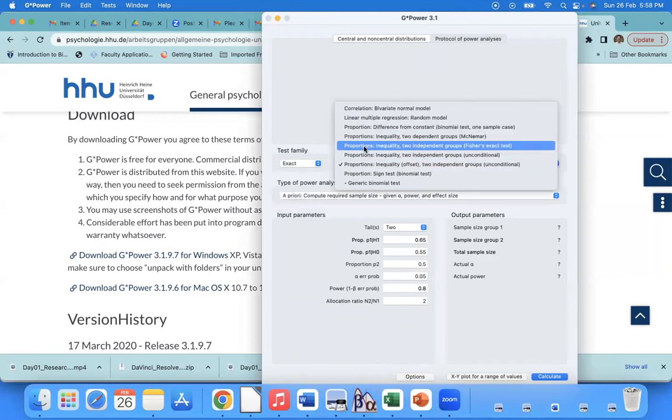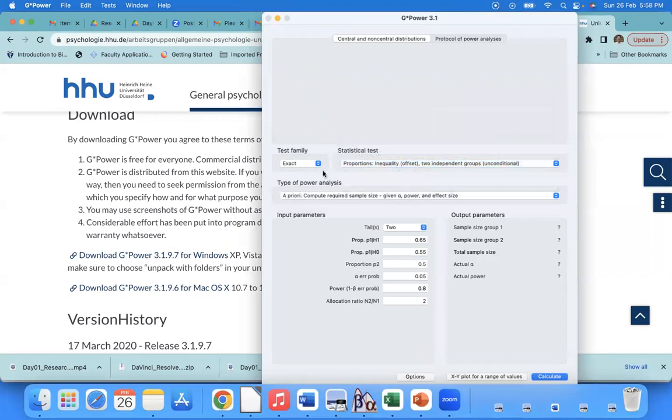Fisher exact test means you are comparing the proportions of two independent groups. So you can choose that.